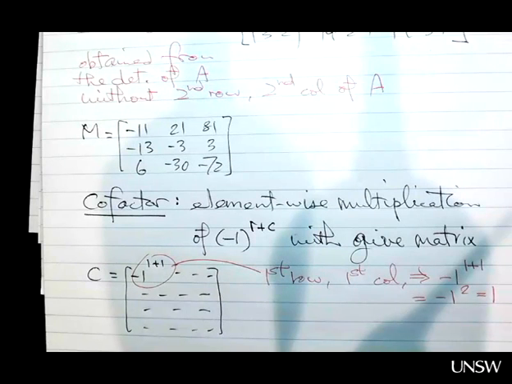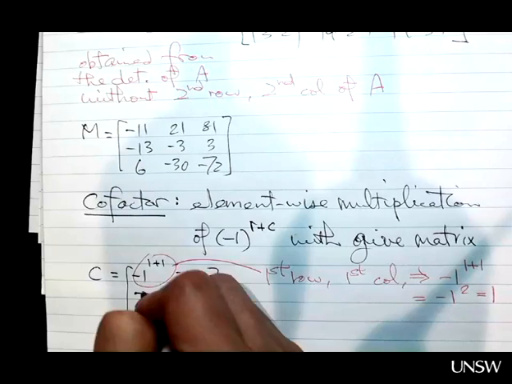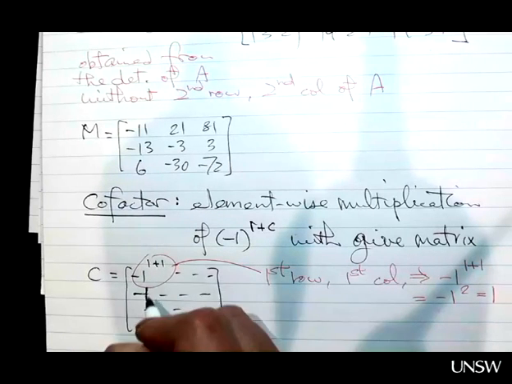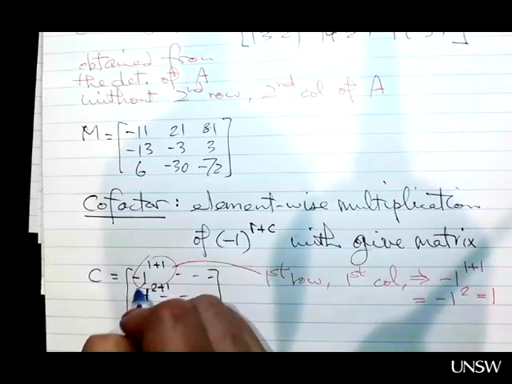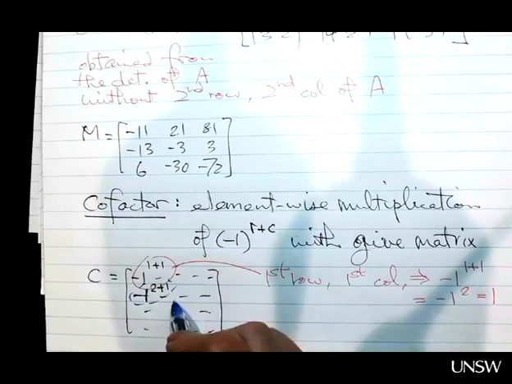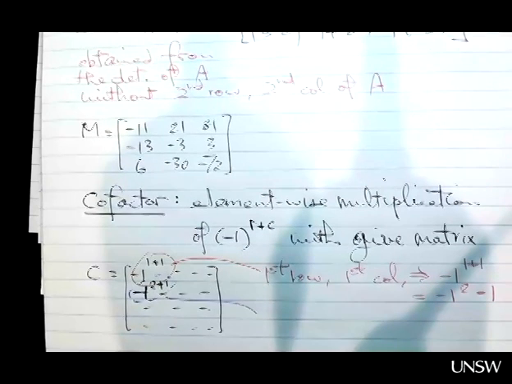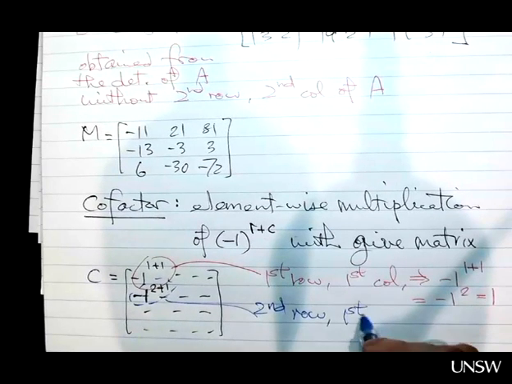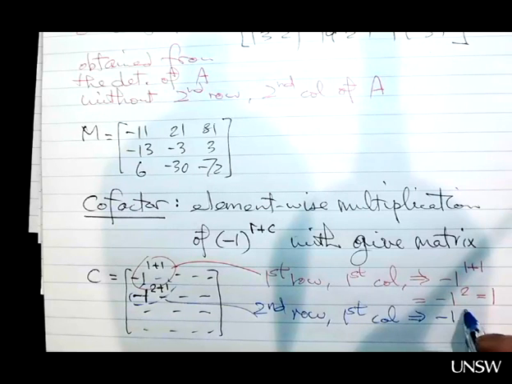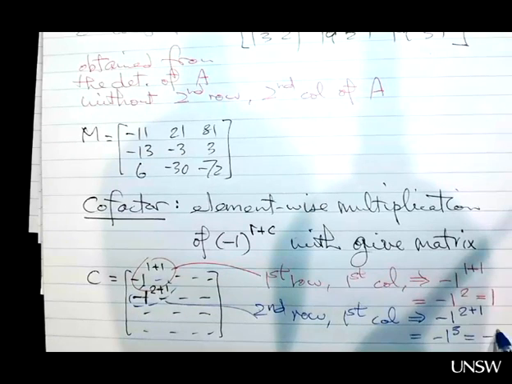And then for the next one, for example, this one. So it is second row, first column. So we have -1 to the second row plus first column, equals -1 to the power 3 equals -1.